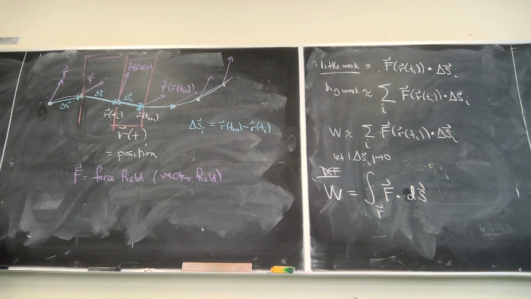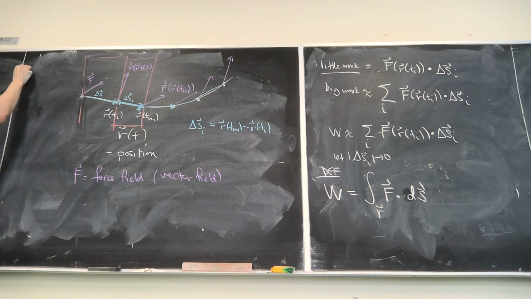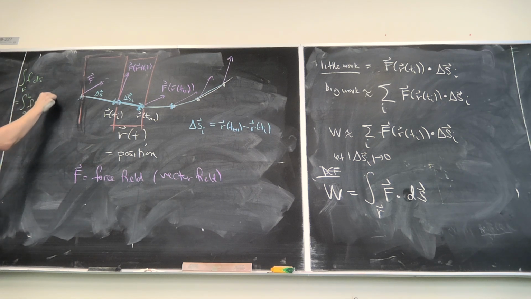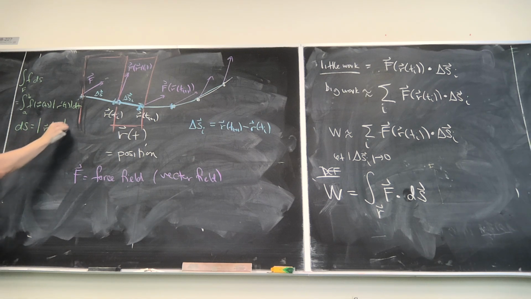All right, so I'm going to observe the following. When we wrote down the integral of f ds with a scalar ds over r, we replaced this with the integral from a to b of f evaluated on the curve times the length of r prime of t dt, which is to say, scalar ds was the length of r prime of t dt.